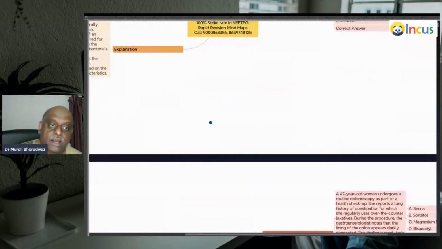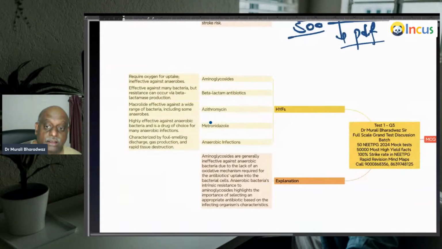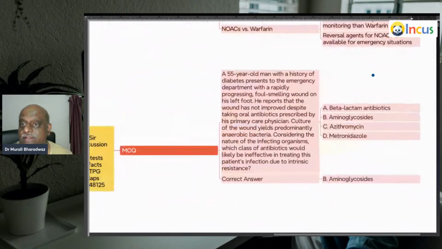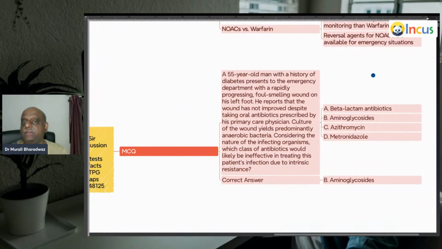So now, a 55-year-old with a history of diabetes presents to the emergency with a rapidly progressing foul-smelling wound on his left foot.